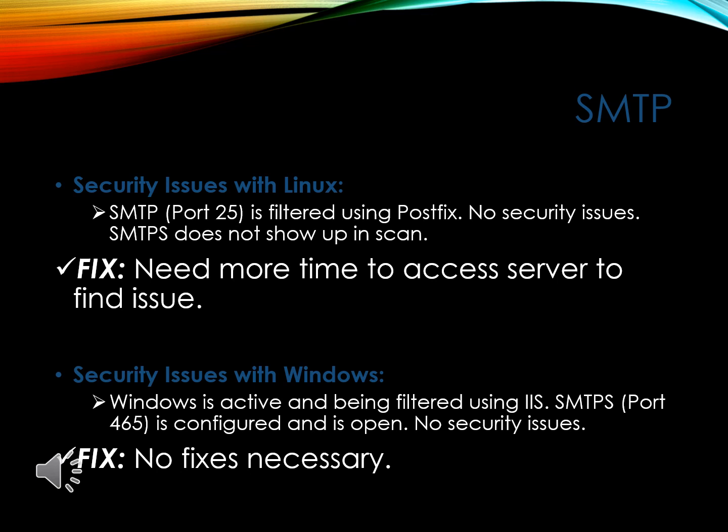SMTPS is open on the Windows server but does not show up in the Linux ZenMap scan. The best way to fix this is to go into the server and look for the issue. Greenbone scans show that there are no security issues with SMTP or SMTPS.